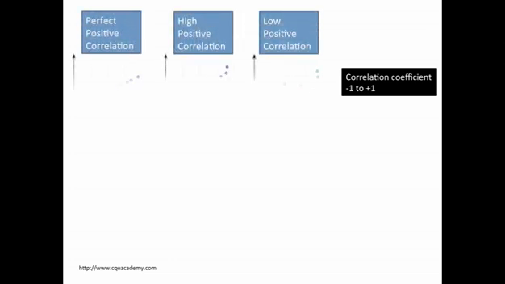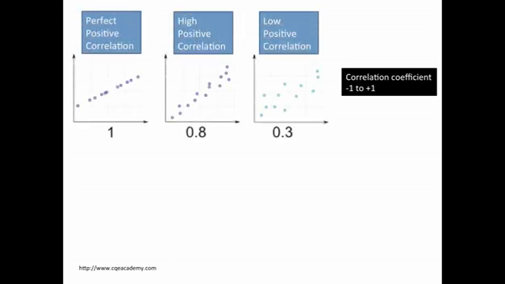Correlation coefficient can be positive, negative, or absent. In fact, the values of correlation can range from -1 to +1. The scatter plots here depict some examples of positive correlation.